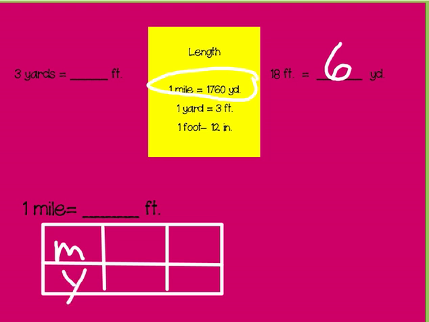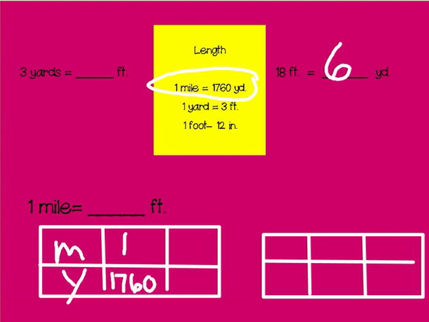So miles, 1 mile equals 1,760 yards. Notice we did not use all of the squares in the rate table. I'm going to make a new rate table, and I'm going to put in yards and feet.